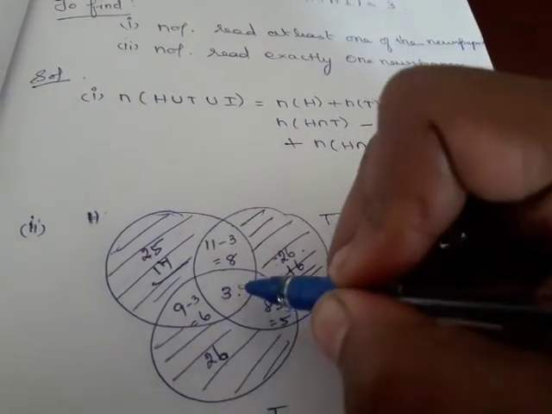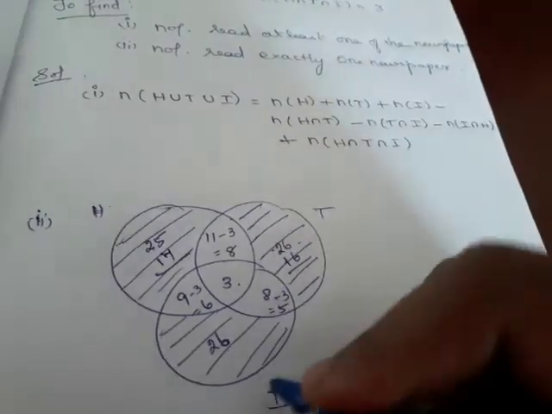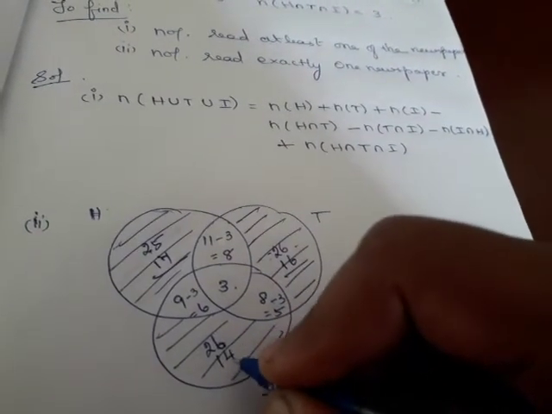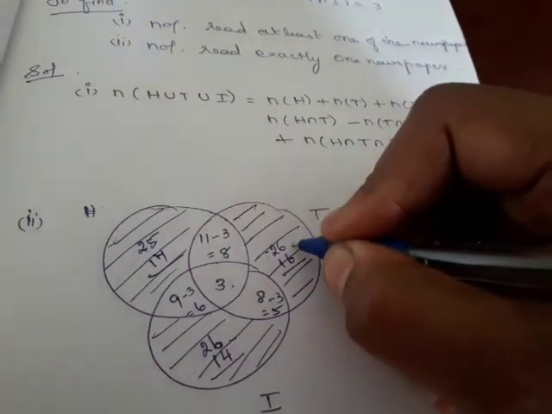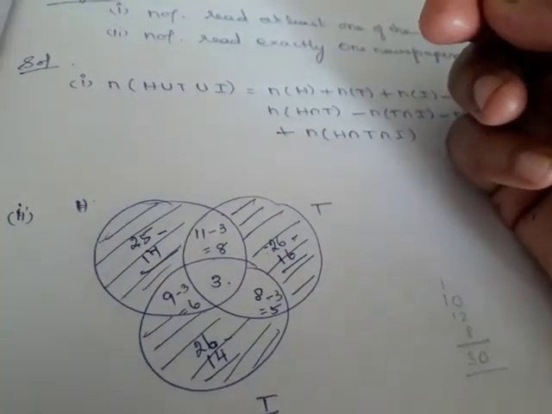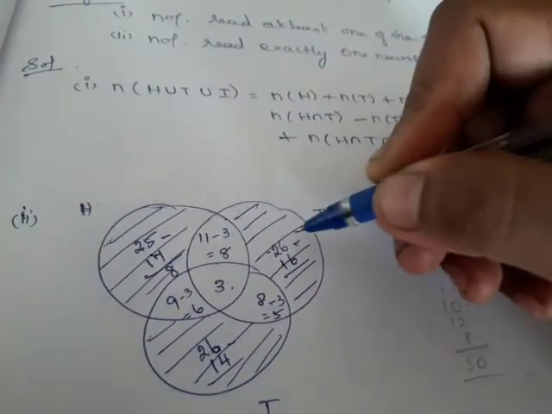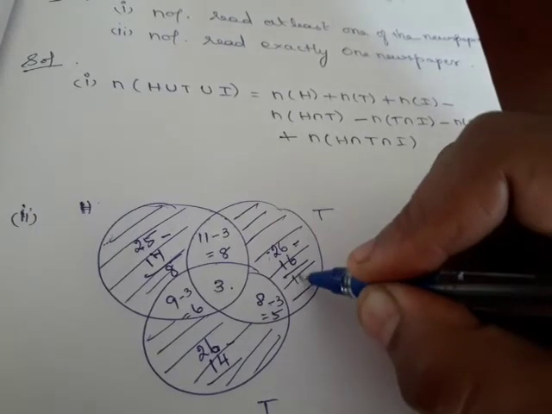Here 6 plus 3 is 9. 9 plus 5 is 14. Subtract 14 from 26. Now we need to subtract all these values. Then only we will come to know what value denotes only H. So 25 minus 17 is 8. 26 minus 16 is 10.